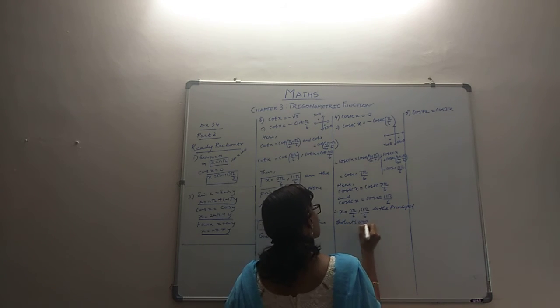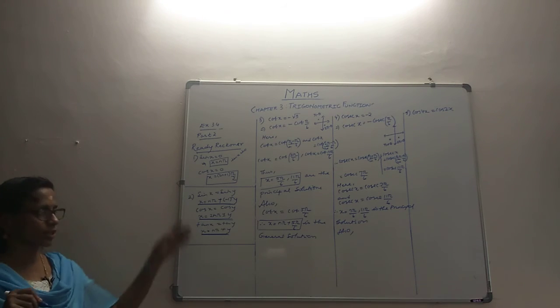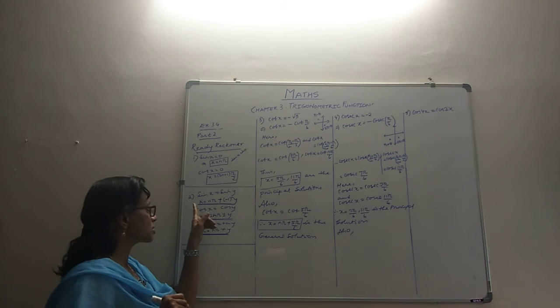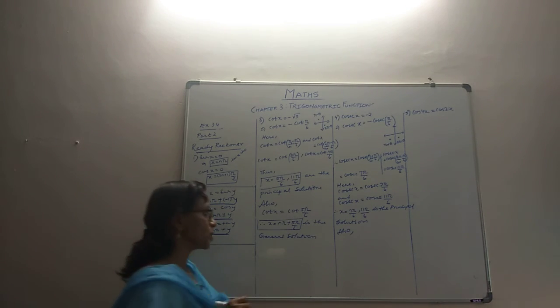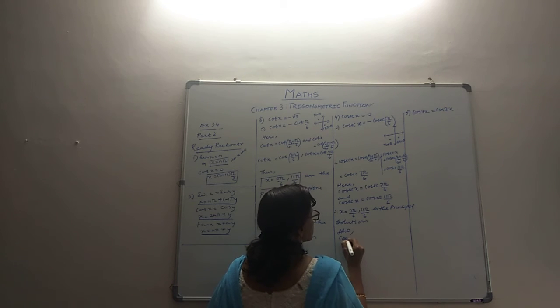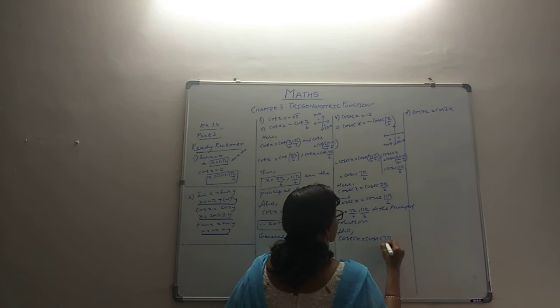Now, for the general solution, for cosec we can always look at sine. If you get something like sin x equal to sin y, then x equals n pi plus minus 1 raised to n times y. So, because cosec x is equal to cosec 7 pi by 6, we write the general solution.